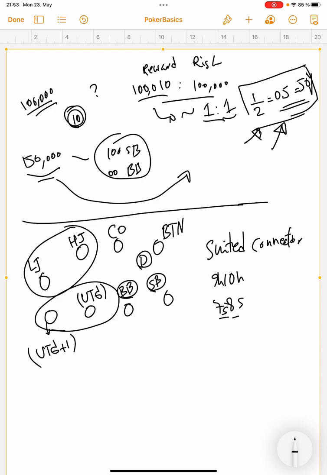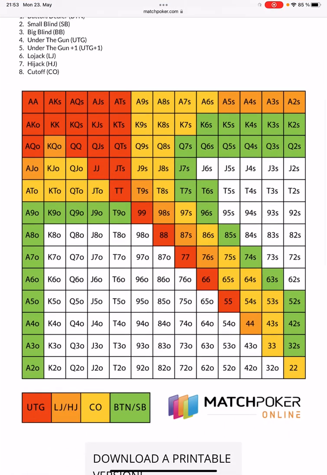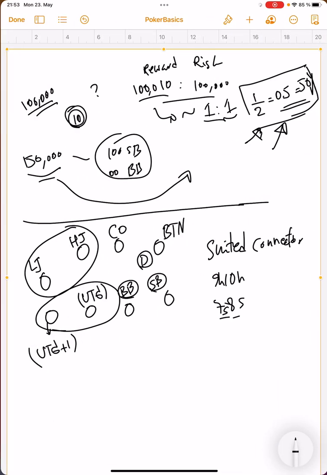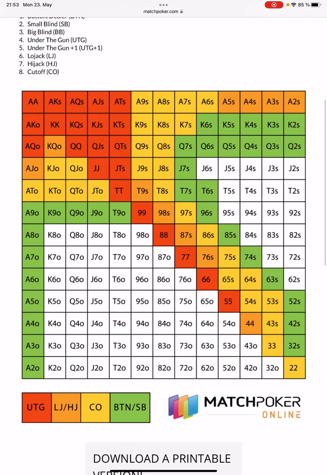So these are suited connectors, and they are good for both flush and straight. But we also have offsuit connectors like 7 of hearts and 8 of spades, something like this, but you get the idea. This is another terminology.